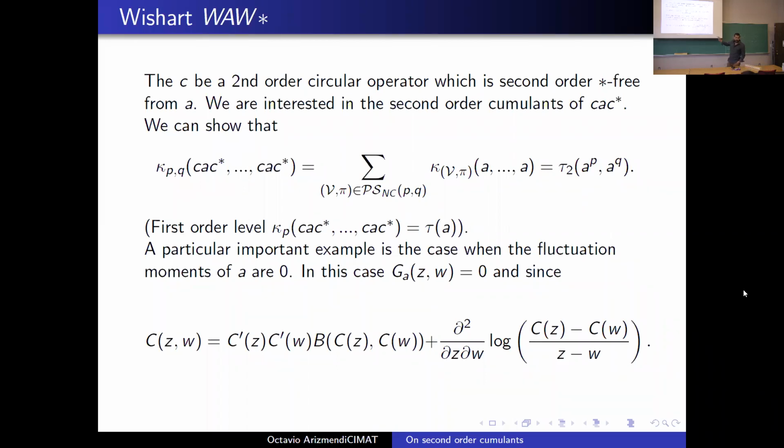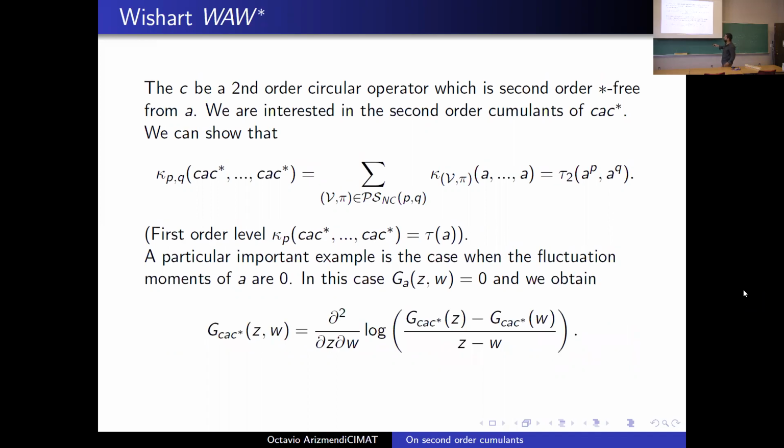Okay, so one particular case, which is exactly when that comes from random matrices, is when A is deterministic. In that case, the fluctuation moments are zero. Right? If it is deterministic, the fluctuations are zero. So this means that in this formula here, this part is zero because this is the only thing appearing at the second order level.